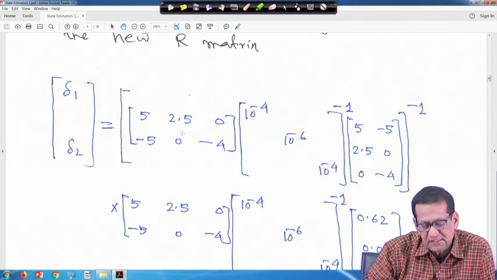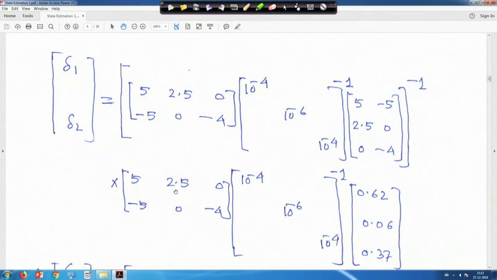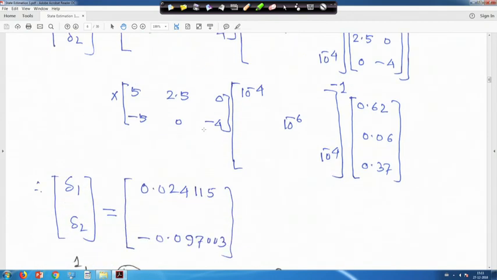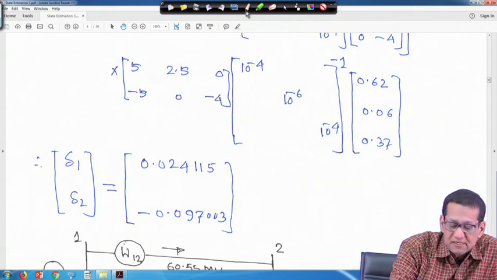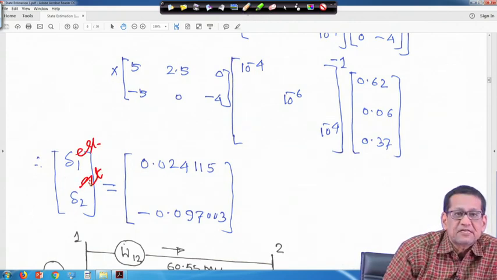So, this is your H transpose, this is your R inverse, this is H, right, and this whole thing to the power inverse, and this is H transpose R inverse, multiplied by the measured values 0.62, 0.06, 0.37. Now, if you compute this, you will get delta 1 estimated and delta 2 estimated, right.